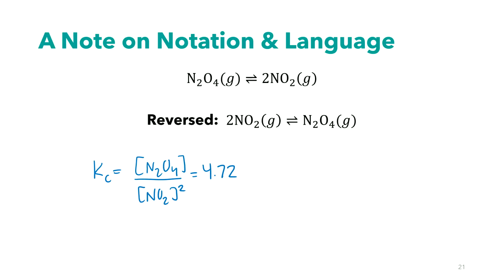That might not seem significant, but that is equal to 1 over 0.212, in other words, the reciprocal of the forward reaction. So when I flip the direction of my reaction, my equilibrium constant is the inverse, or the reciprocal.